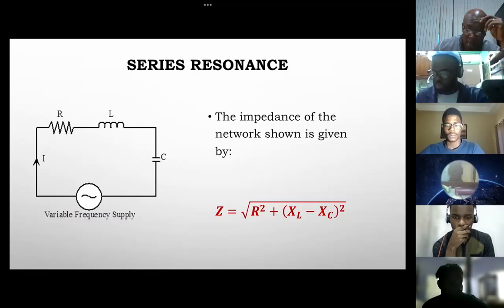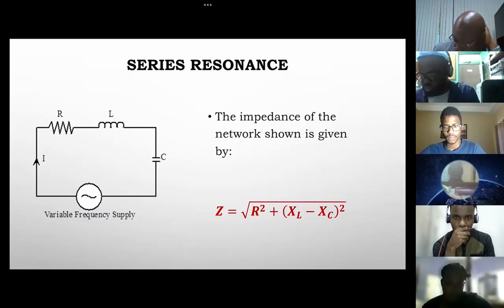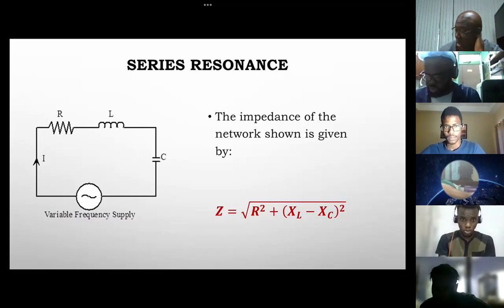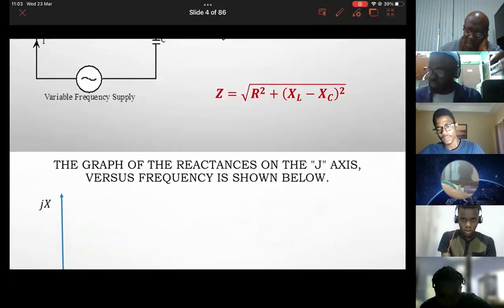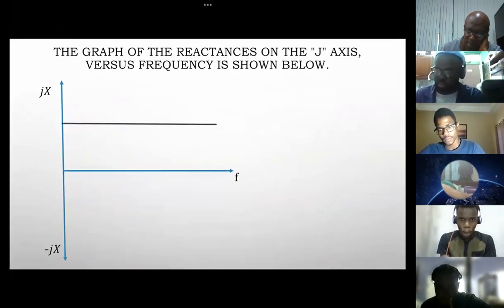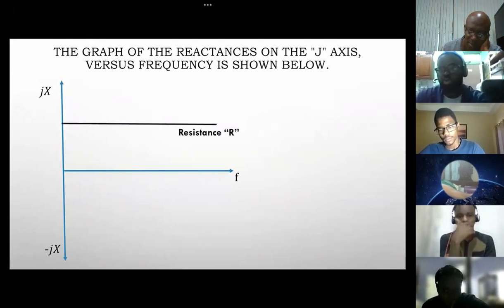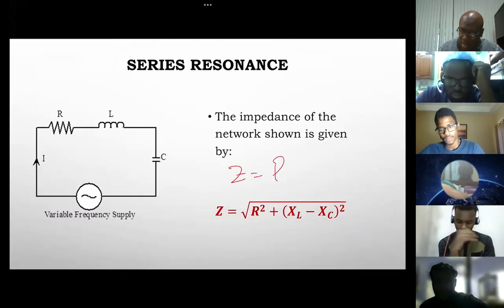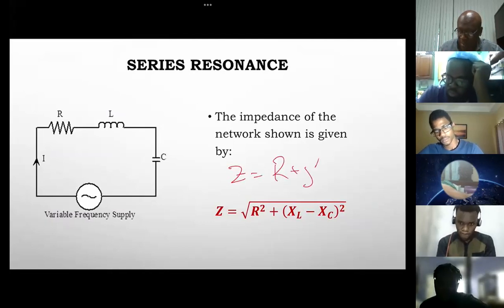All right. So series resonance, we start with a series RLC circuit, which is shown there, supplied by a variable frequency supply. And the impedance will be given by Z equal to R plus j(XL minus XC).